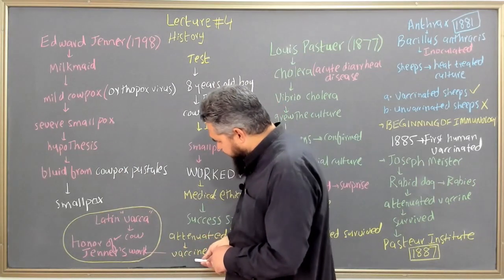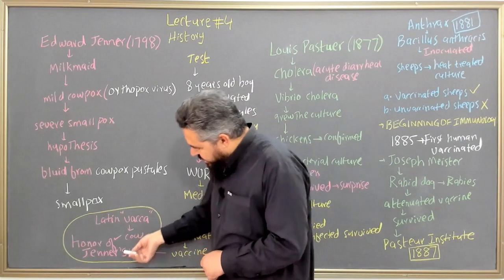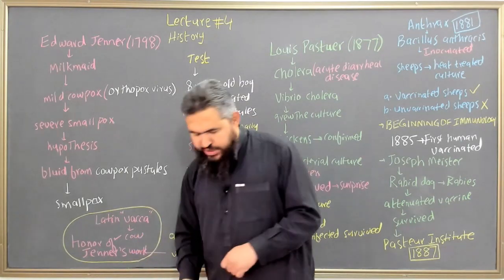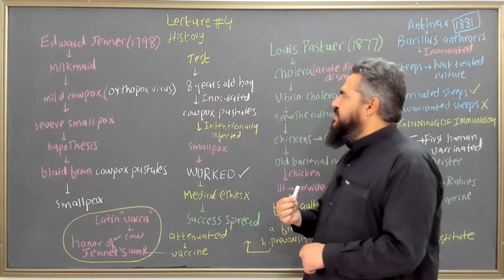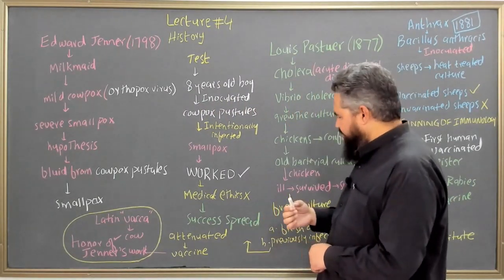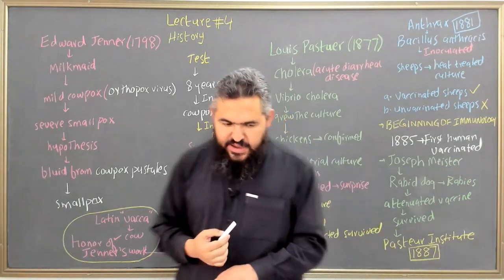So he called this vaccine from this Latin word vacca, which means cow, in honor of Jenner's work. So the term vaccine was given by Louis Pasteur at the end of his experiments on the cholera.